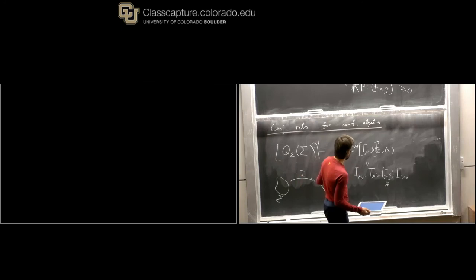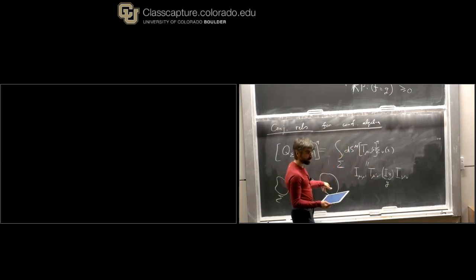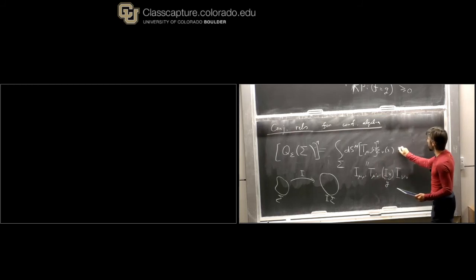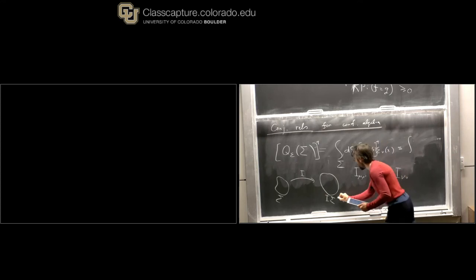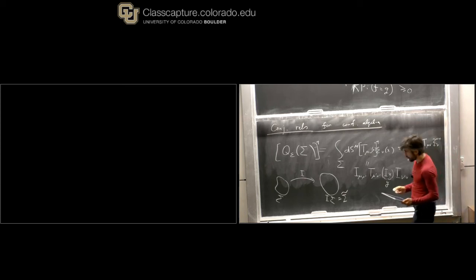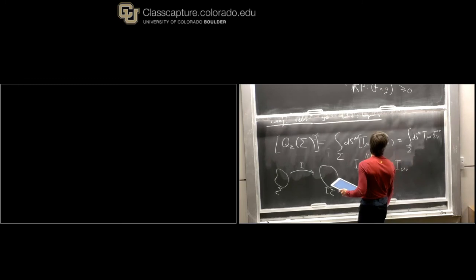So now, using this formula, I can express the result of the conjugation as an integral over I sigma with some other vector field. So this is equal to the integral over the surface I sigma, which I will call sigma tilde, ds mu T mu nu epsilon tilde nu. And so what is this epsilon tilde?